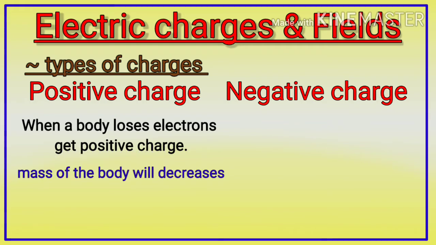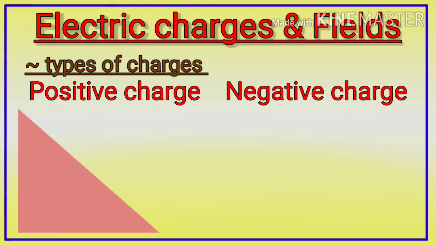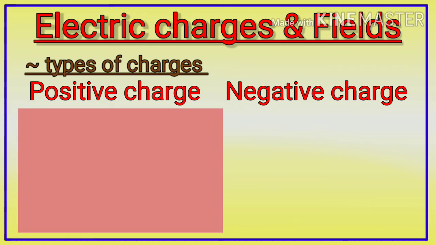The mass of a body somewhat decreases when it is positively charged. For example, if you rub a glass rod with silk, the glass rod gets positively charged.